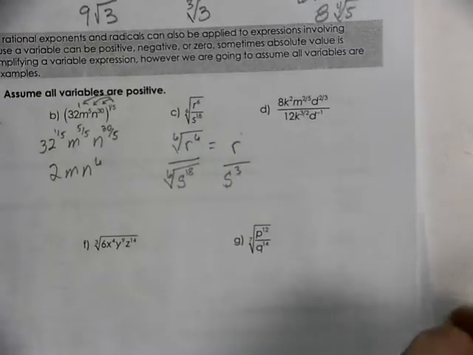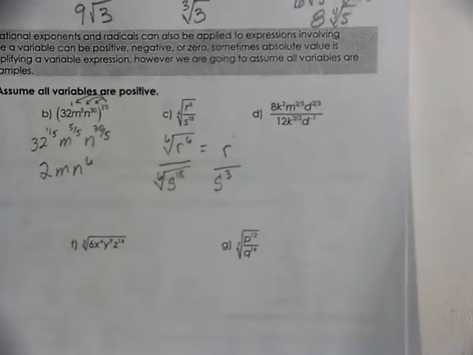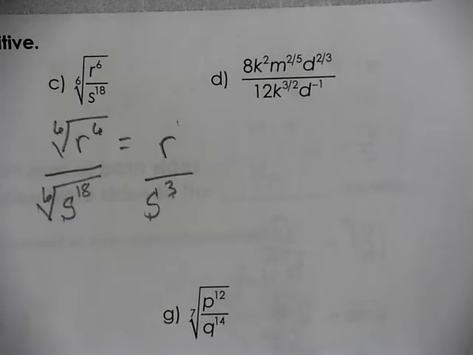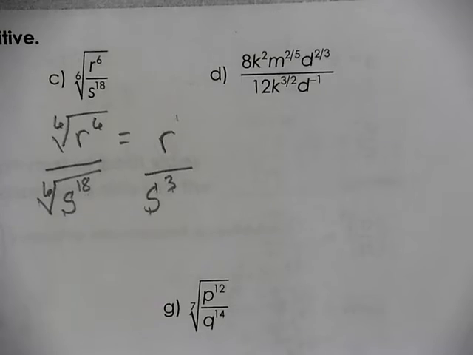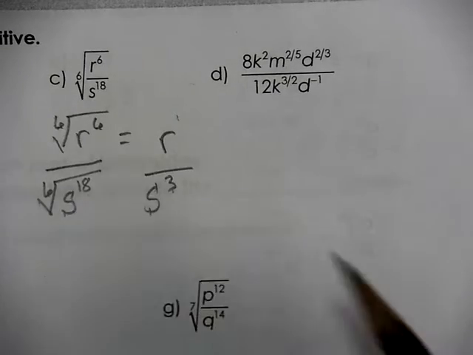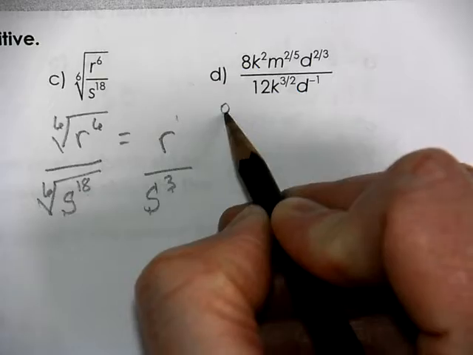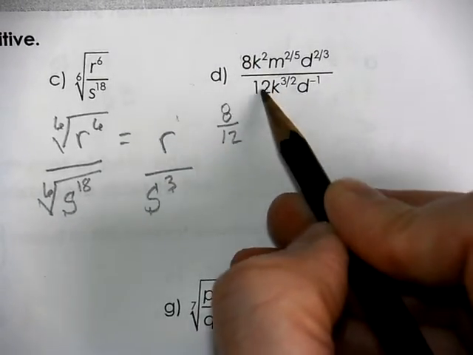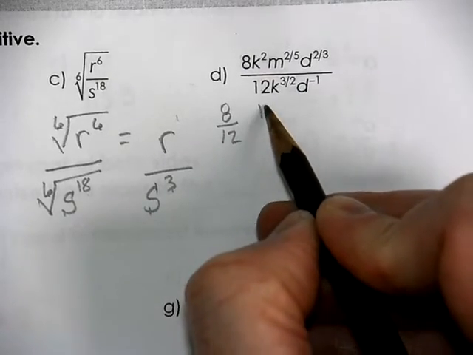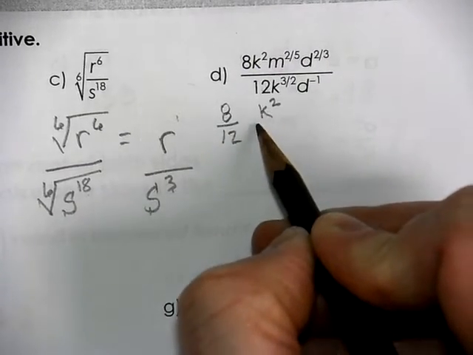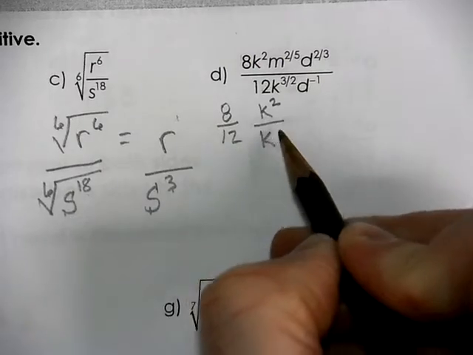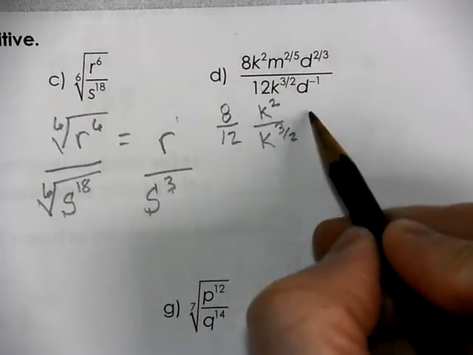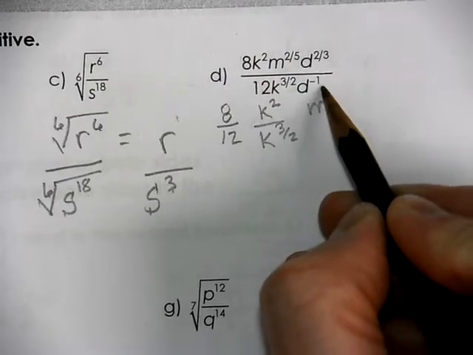Now, this type looks very complicated. I would suggest to try to break it up into separate pieces. This is 8 over 12. You're using the constant numbers. K to the 2nd over k to the 3 halves. There's only one type of m in there.